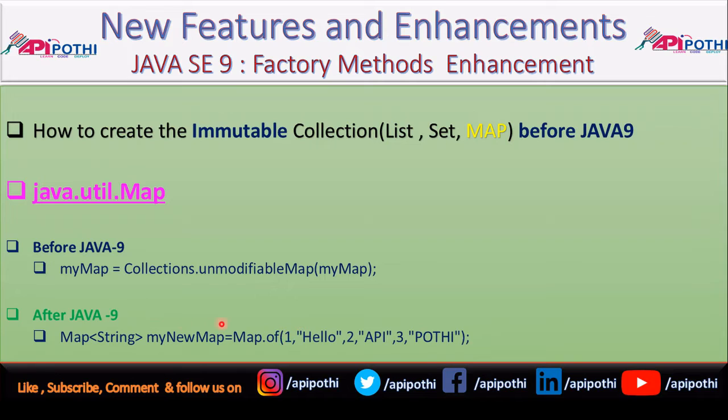So we can achieve the immutable object of map within one line. Before Java 9 we have to create the instance, load the values, and then on the next line make the map immutable. But in Java 9 all the facility came together within one.